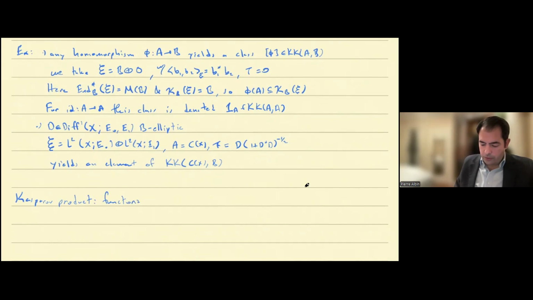So this is a functorial bilinear associative product, where we take a class in KK of A, B, a class in KK of B, C, and we end up with a class in KK of A, C. I'll denote it with a hash.